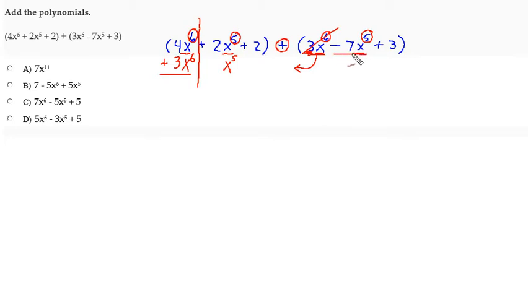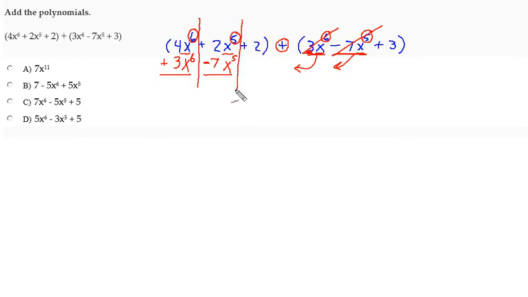So now I come over, I located it, I put a place marker for x to the 5th, and now I bring over the -7. It's just my own way of identifying. I put a place marker with the x to the 5th and then come back and grab its coefficient. I slash this out because it appears over here now. The -7x to the 5th appears underneath its like term in the first polynomial.